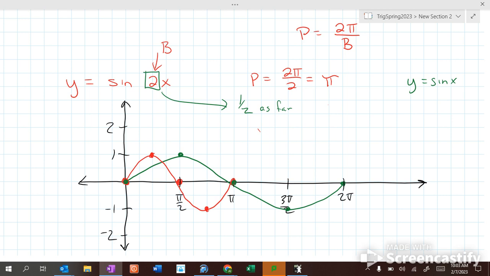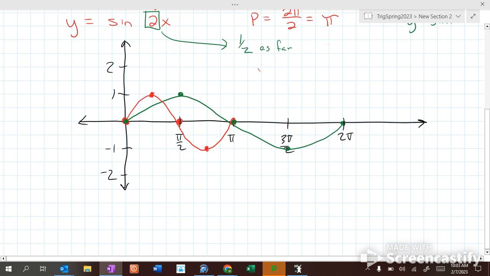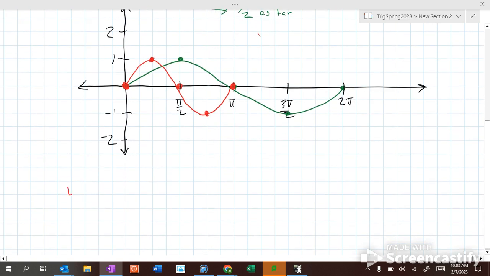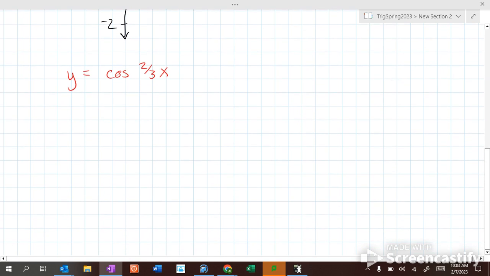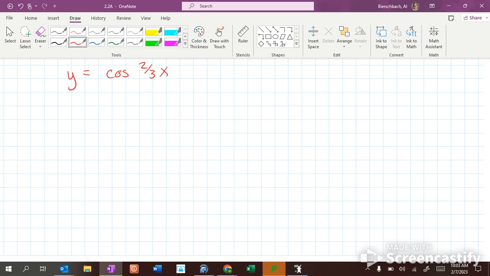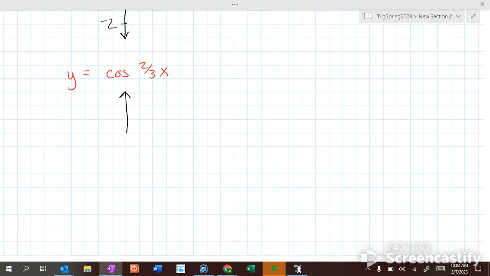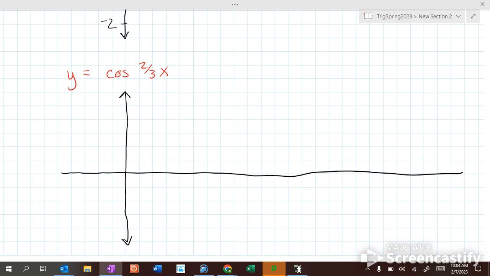Where it gets a little more complicated is if you have a fraction there. So let's say we have y equals cosine of 2/3 x. All right, and what I'm going to do is I'm just going to graph the normal cosine curve first. But we have a 2/3 involved. So there's a 3 involved, a 2 involved.